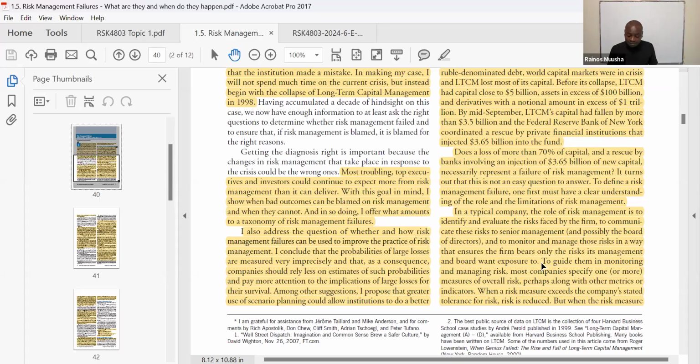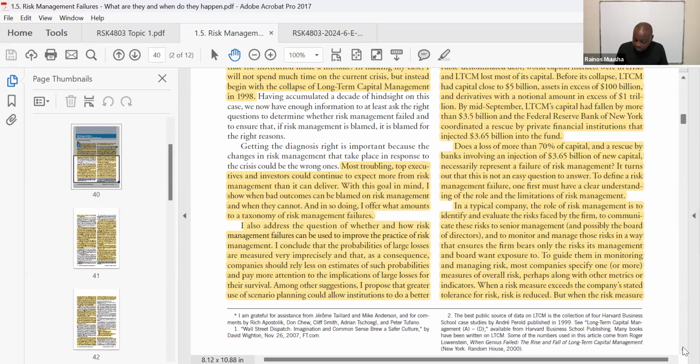Very, very important statement. Now, they also go on to say, to guide them in monitoring and managing risks, most companies specify one or more measures of overall risk, perhaps along with other metrics and indicators. When a risk measure exceeds the company's stated tolerance of risk, the risk is reduced.